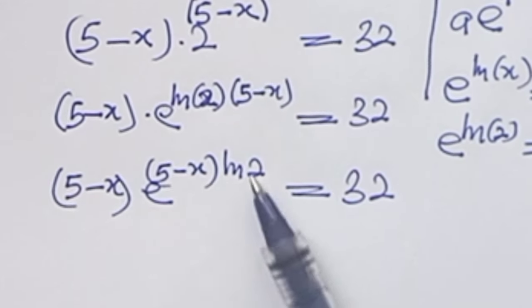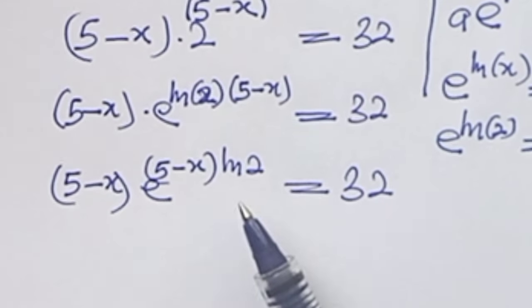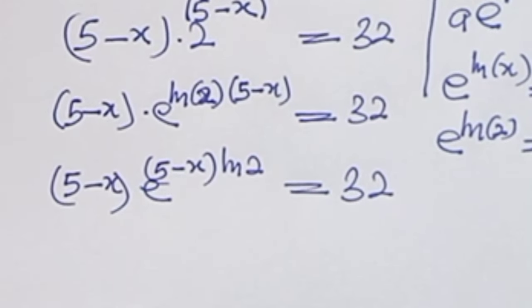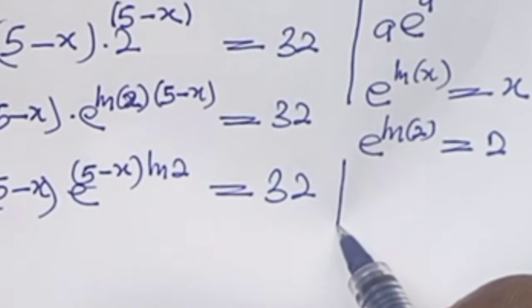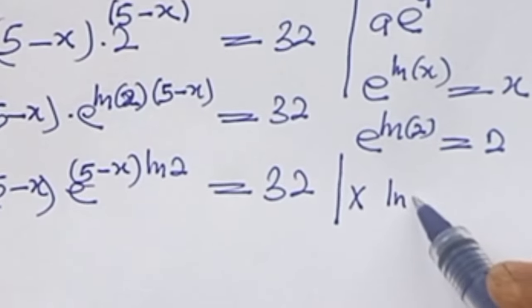But the quantity on the head of the exponent is slightly different from the one next to it by ln 2. Yet, we have not achieved the form of Lambert function. So what do we do? We're going to multiply both sides by ln 2.